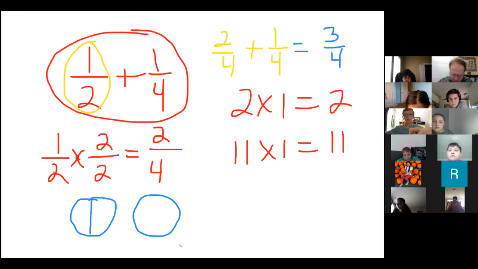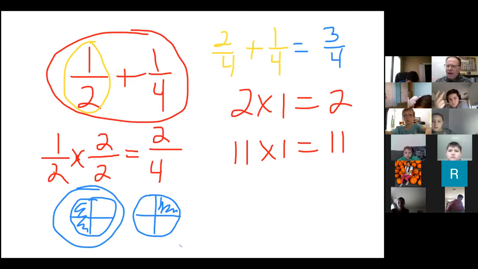Originally, I had 1/2, I had 1/4, and I had 1/2, okay? So what I did was divide this into fourths, and now how many fourths do I have? How many fourths do I have now? No, just for this part, I mean, just for that part. That became halves to fourths, and that became 2/4. Now all together, you can see I have 1 here, 2 here, and 3/4 all together.